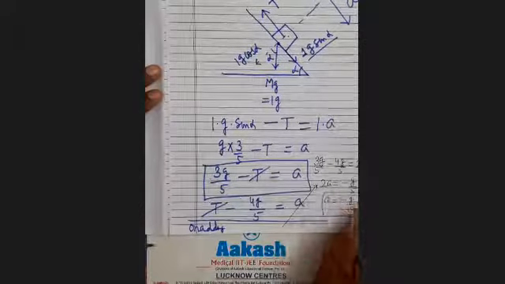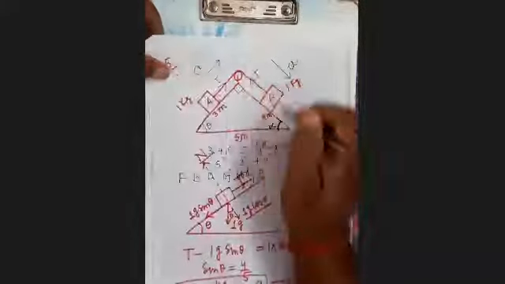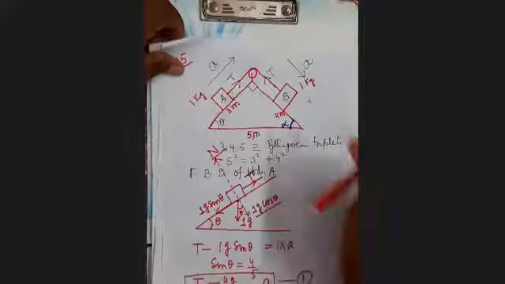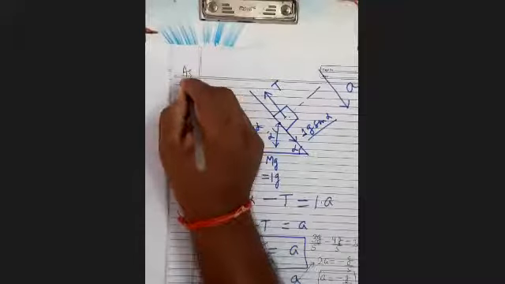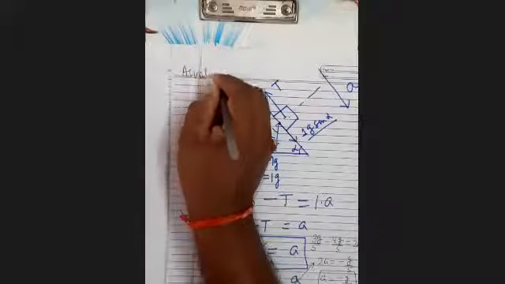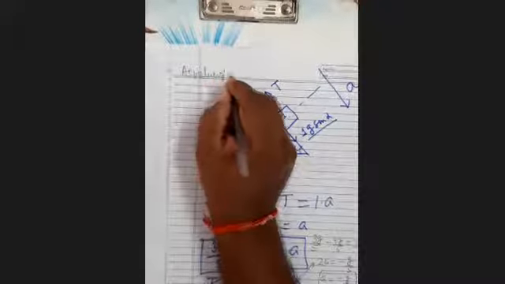Means the system is not moving in this direction. It is moving opposite to that, means this block is going upward and that block is going downward. It is clear? So we will write the same thing: value of acceleration is negative.